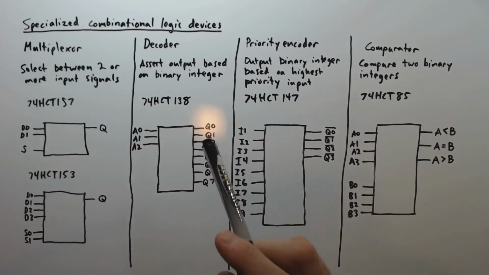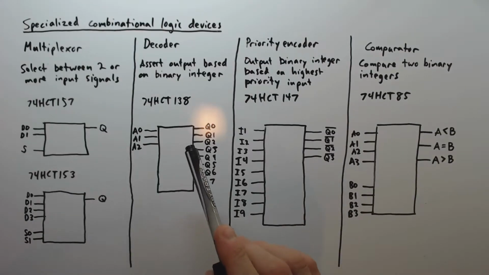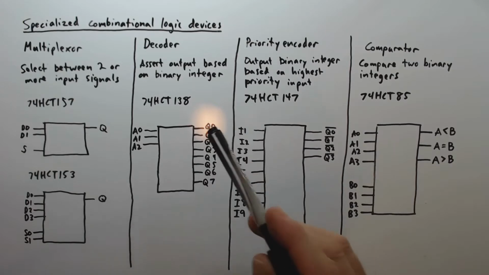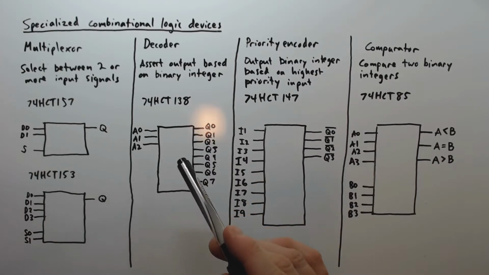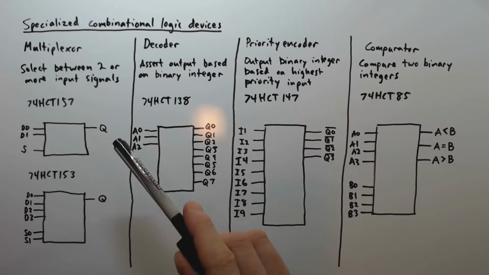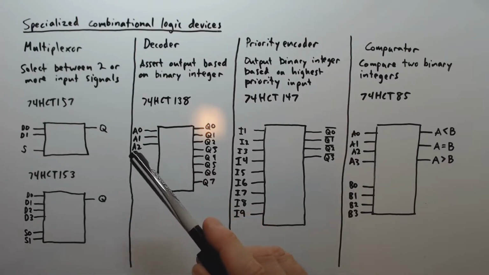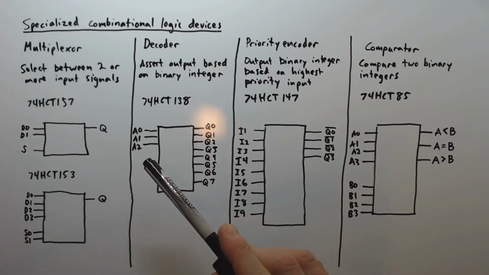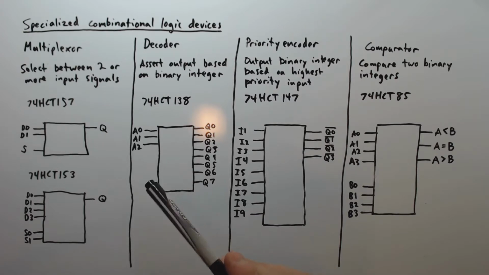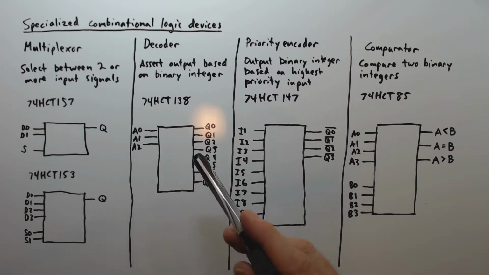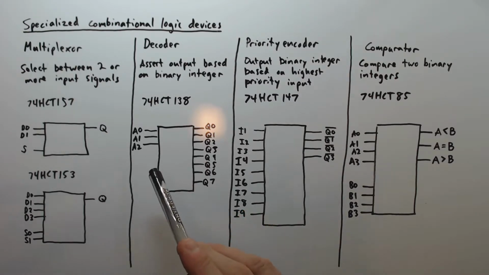So as we've seen, we can use logic gates to implement any Boolean function by just combining them in an appropriate way. However, given that we only get 4, maybe in some cases 6 logic gates in a single integrated circuit, that's going to wind up putting a lot of chips into our circuit, depending on what combinational logic we want to build.